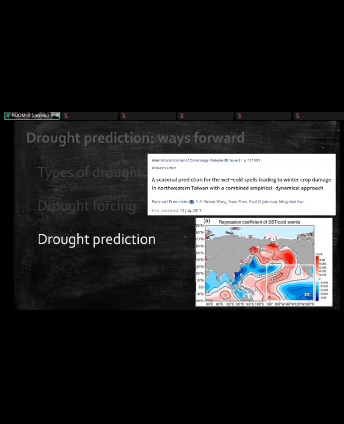Guess what? We have 2 months of warning lead time. That's the outlook of this paper. Okay, so it takes work, but for localized features, there's no other way. You have to do research. Otherwise, the direct model output will not give you anything.